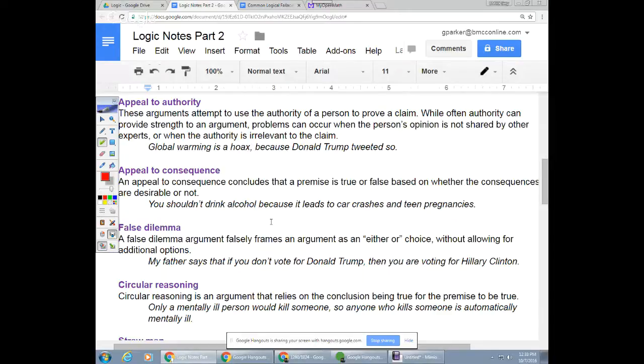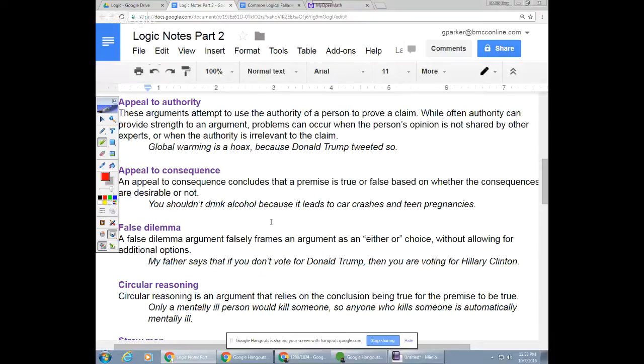But the way I phrased it, you shouldn't drink alcohol at all because there are some bad consequences, I'm appealing to the fact that there can be bad consequences, but does that mean you shouldn't ever touch alcohol? Doesn't mean alcohol is not dangerous, but I don't have a direct logical connection between those two.